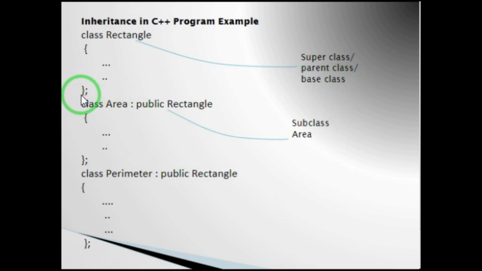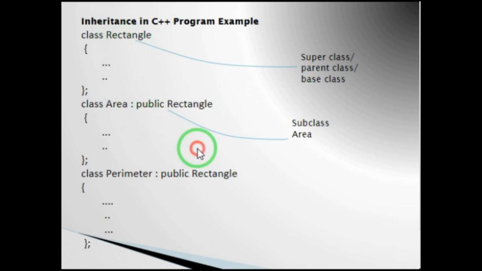Class is a keyword. Area is the derived class name or subclass name. Colon is an operator used in the inheritance concept. Public is an access specifier, and rectangle is the superclass name or base class name.